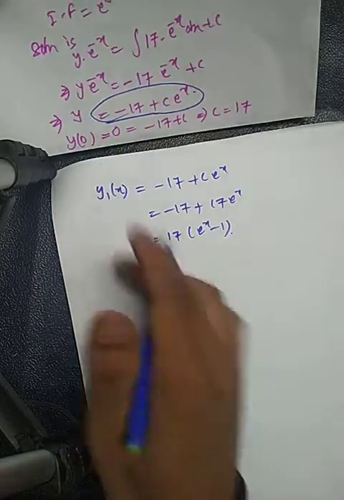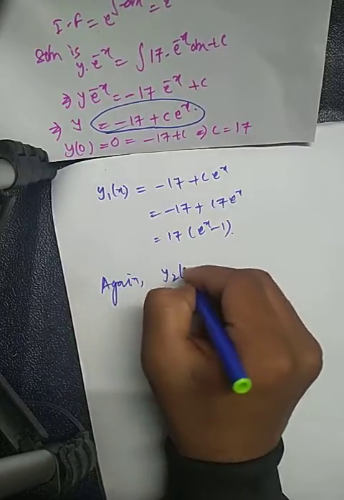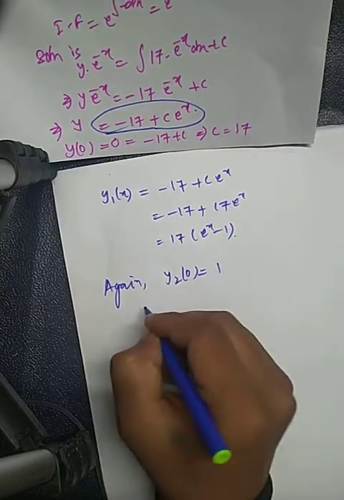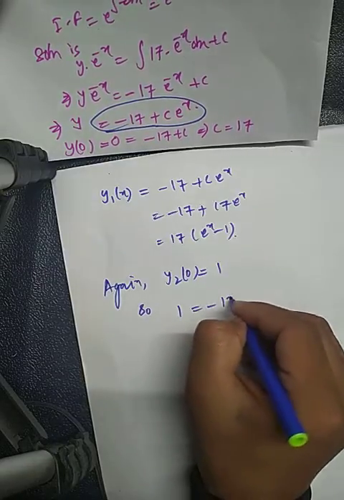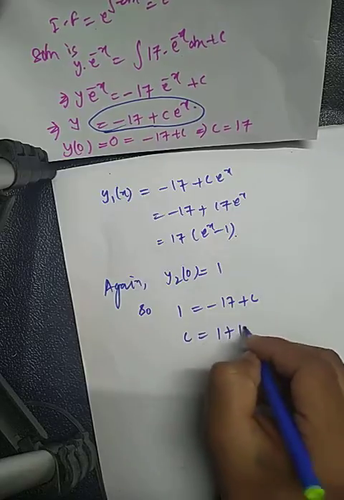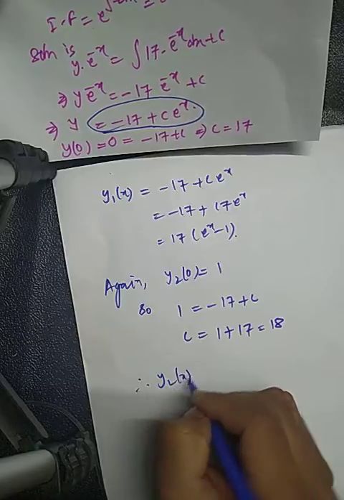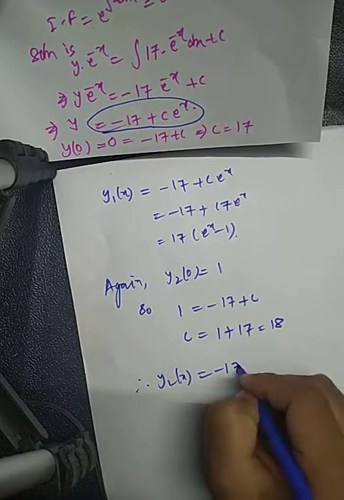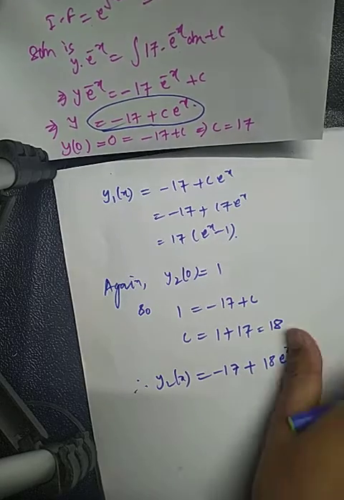So this is y1(x). Again, y2(0) is equal to 1. So 1 is equal to minus 17 plus c, so c is equal to 1 plus 17, which is 18. Therefore y2(x) will be equal to minus 17 plus 18 e to the power x.